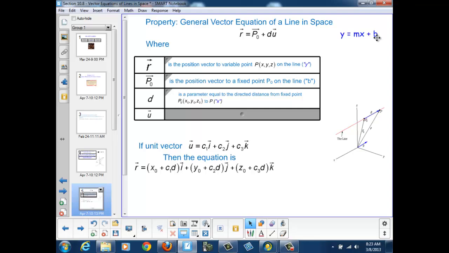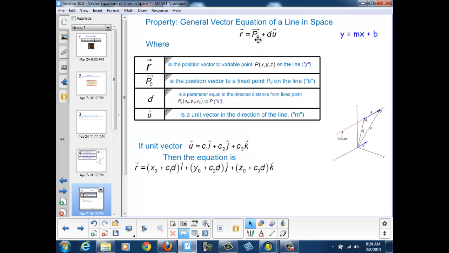How far away from our fixed value are we moving to find our new value? So that's our x. Now the unit vector is basically the slope. It's giving us the direction in which we're going to move. Where our unit vector, or u, is c1 i plus c2 j plus c3 k. And as we remember, our unit vector is exactly equal to 1 unit in length.